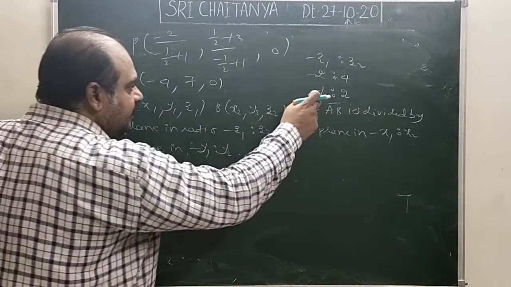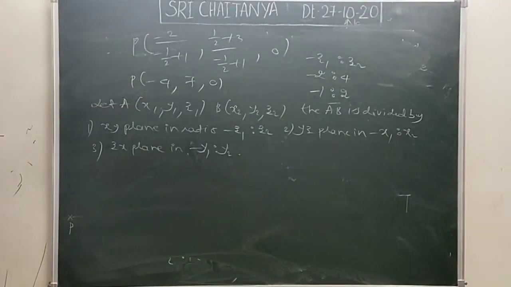That P will divide AB in the ratio 1:2 externally. If you find the point, you will get P. Suppose we take another problem, the last problem.